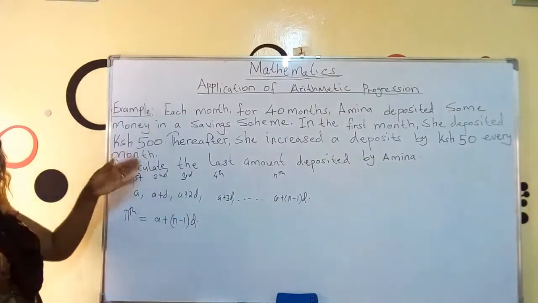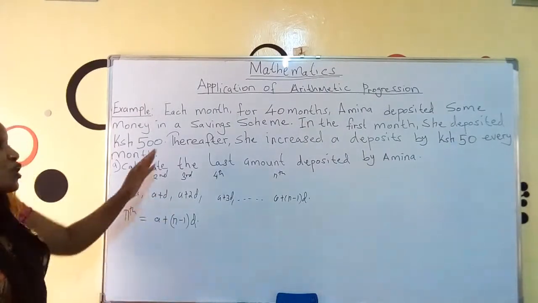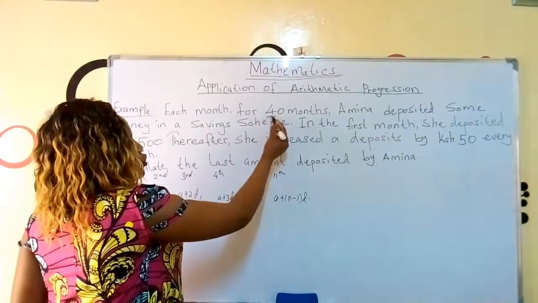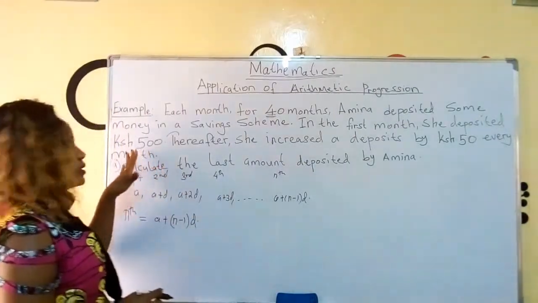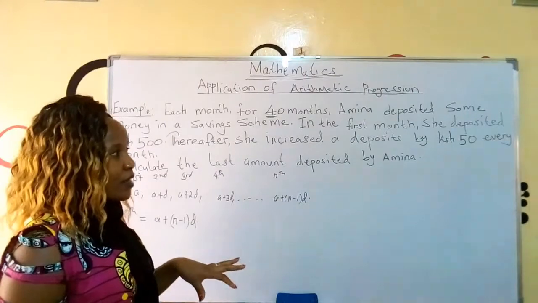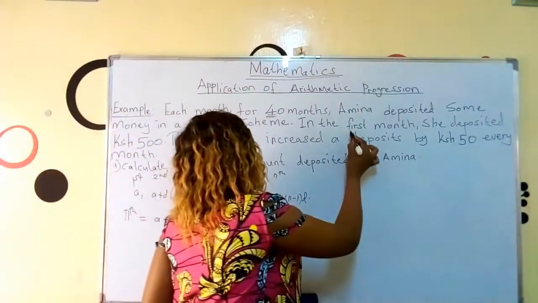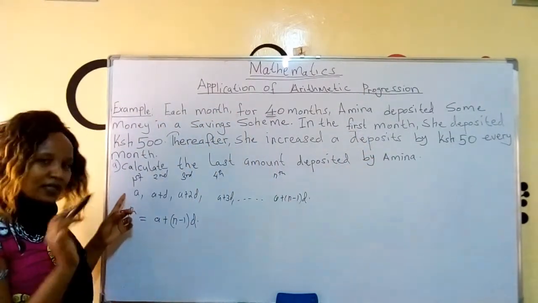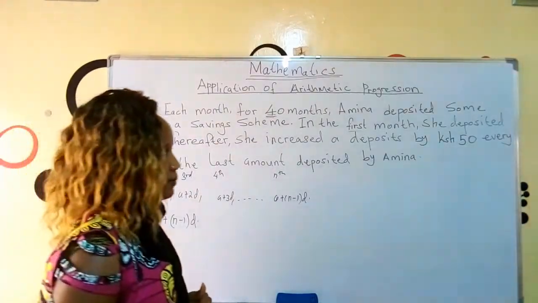So if we look at this question, there is a relationship, because we are told that in 40 months, and we should note the 40 months, Amina deposited some money in a savings scheme in the first month. So what does the first month mean to us? First month means it is the first term of the arithmetic sequence.